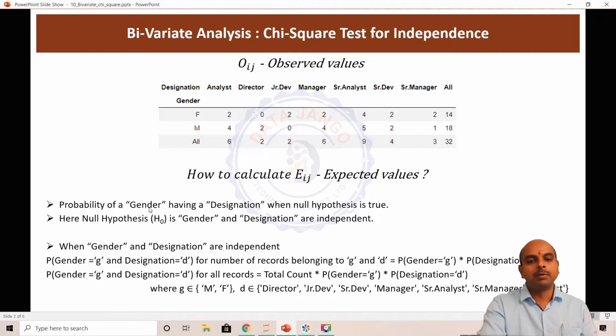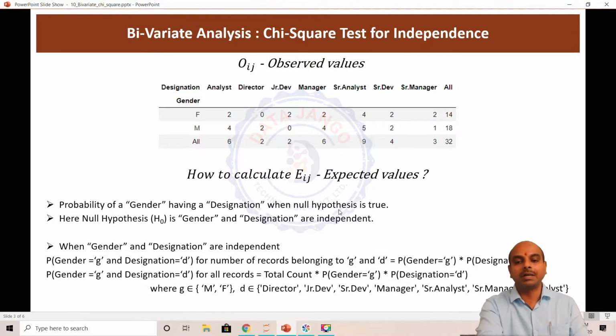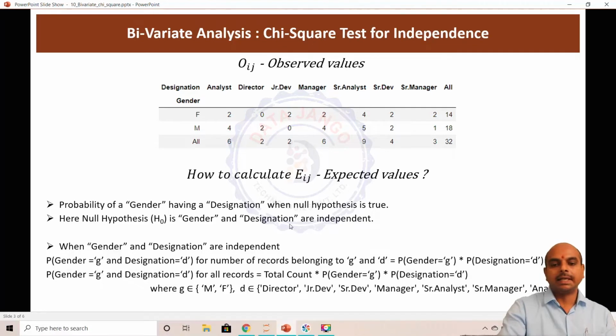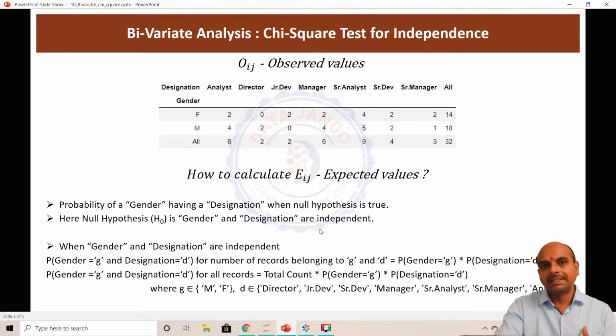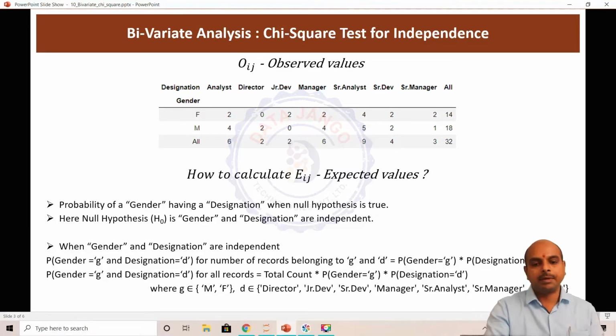That means probability of female being an analyst when null hypothesis is true. What is null hypothesis? Gender and designation are independent. When gender and designation are independent, we can calculate the probability or the expected value using the below formula.